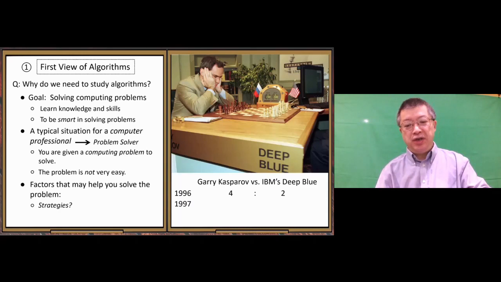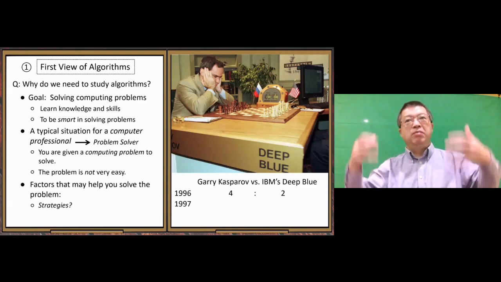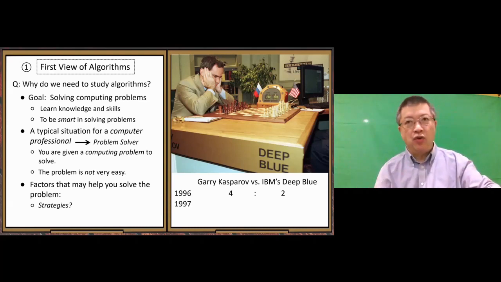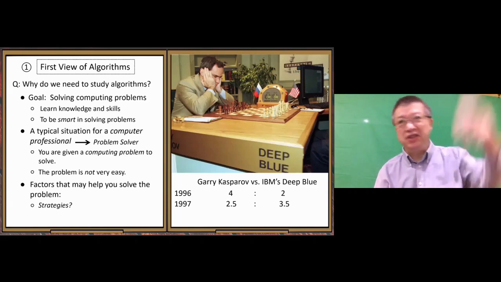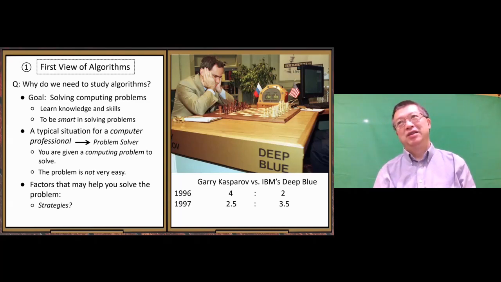Now the next year, 1997, they fought another time, but this time, let's look at the score, 2.5 to 3.5. AI won. So think about that. AI beat the human champion more than 20 years ago, 23 years ago.